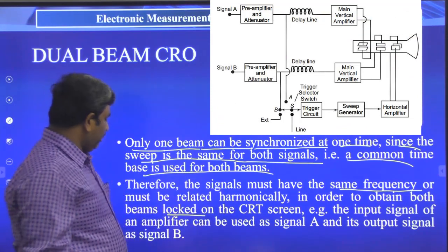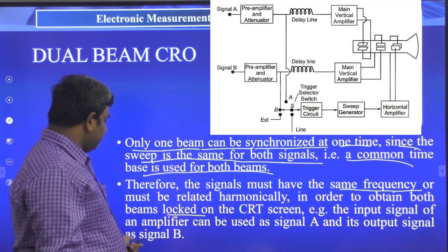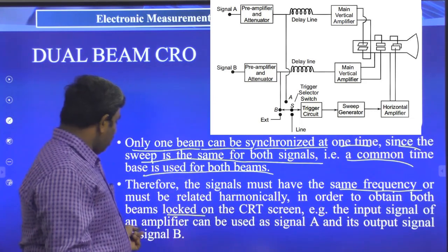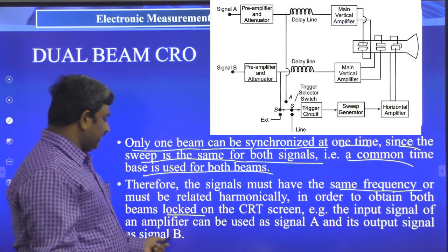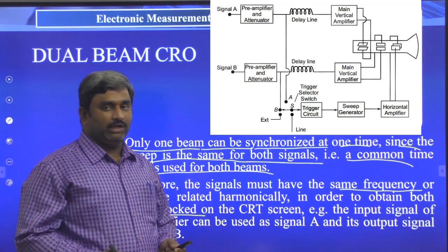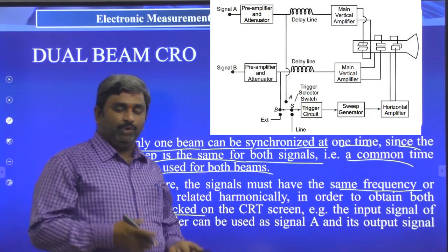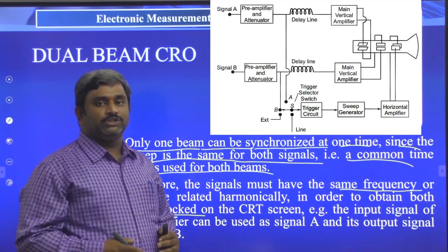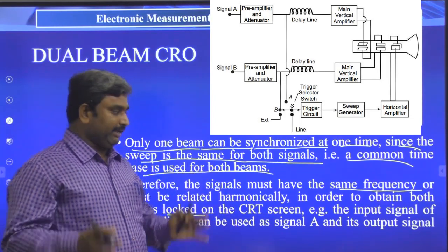Example, the input signal of the amplifier can be used as signal A and the output signal as signal B. Whatever input signal you are using at channel A, you can use the same signal at channel B. Otherwise, in channel A we can use the input signal of a circuit and connect the output signal to channel B. That means you can see the input and output of a circuit at a time.